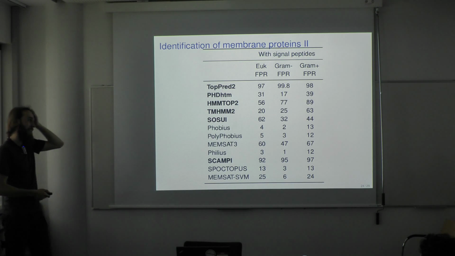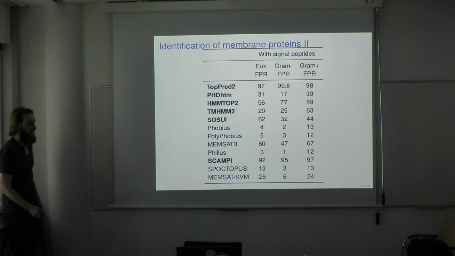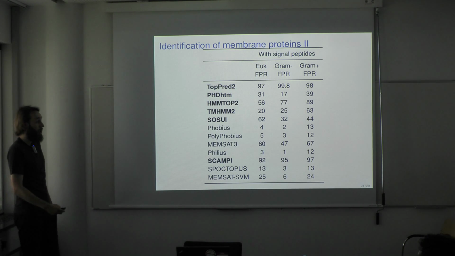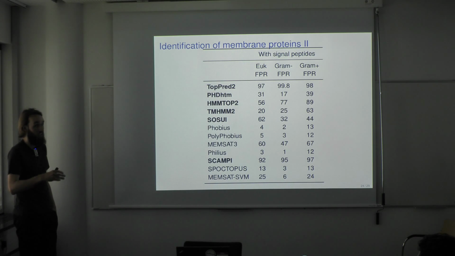Right, and then one more thing, you can also see that the scores are typically worse for sequences from gram-positive bacteria. One explanation for this could be that the signal peptides in gram-positive bacteria are typically longer and more hydrophobic, so it makes the chance to misclassify even worse. However, this isn't really the whole story.